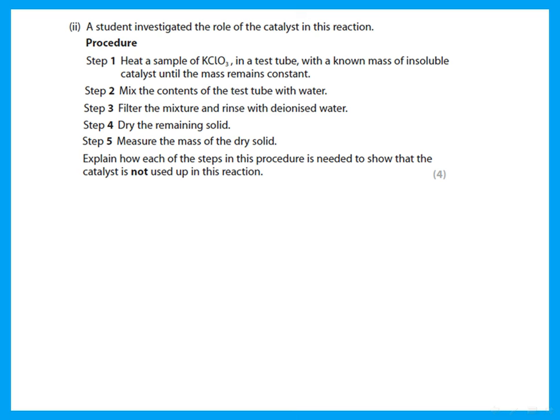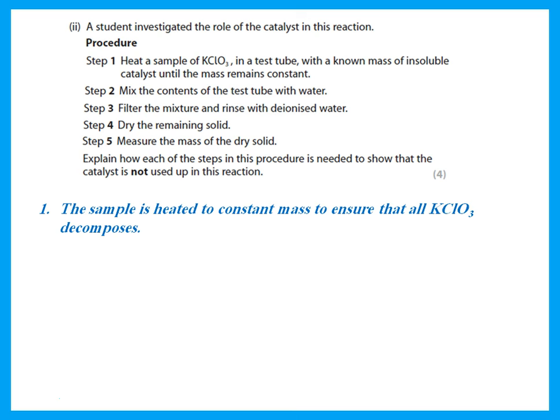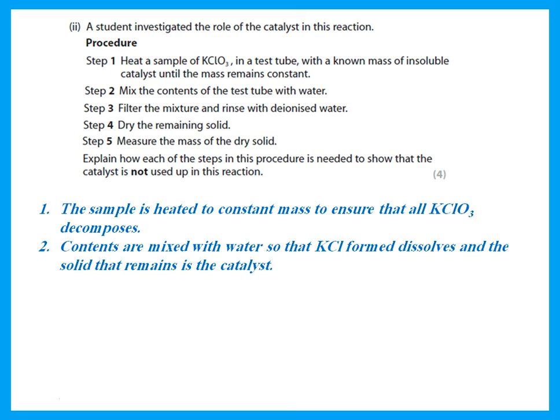In step 1, he says heat a sample of potassium chlorate in a test tube with a known mass of insoluble catalyst until the mass remains constant. Why are we doing that? To make sure that all the potassium chlorate decomposes. Then step 2 says mix the contents with water. This is because I want the KCl to dissolve and the solid that remains is the catalyst. Then step 3 says filter the mixture and rinse with water.